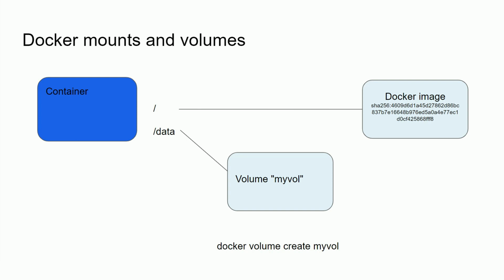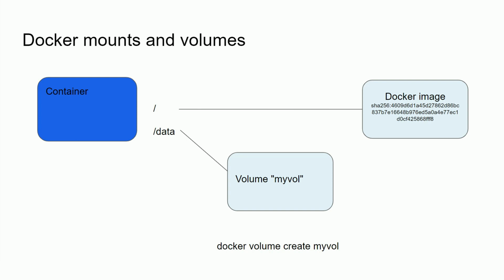For example, you can just say docker volume create my volume, and a new empty file system will be created. You can then mount that volume into a container at a location of your choosing, and any data written there will be persisted in the volume. You can even mount the same volume in multiple containers simultaneously, and they'll all be able to use that same volume. And unlike file system mounts, volumes will be running much faster.